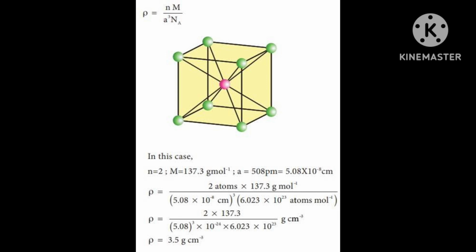And what type of unit cell is there? BCC. BCC contains 2, that's why I multiplied by 2. To get the number of unit cells, you require 2 volumes: first, the volume of the 208 gram element, and second, the volume of the unit cell.